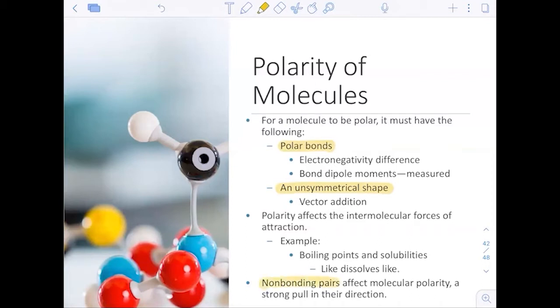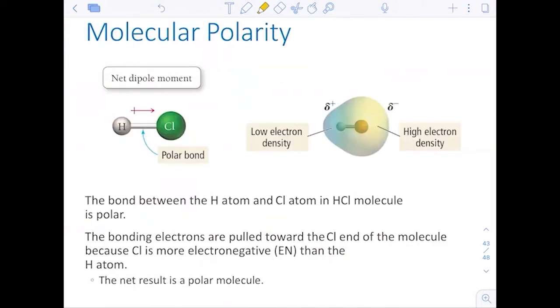Non-bonding pairs, lone pairs, do not affect molecular polarity in terms of they are not polar themselves. However, they create that unsymmetrical shape. So if you have lone pairs and you have a polar bond somewhere in that molecule, you must have a polar molecule. And a typical example is HCl.